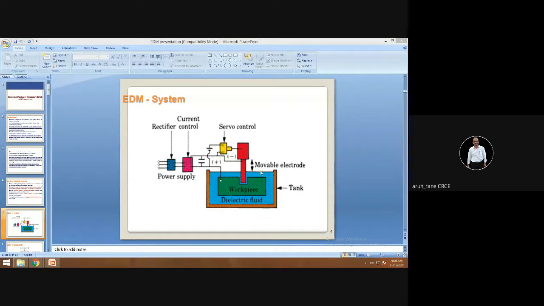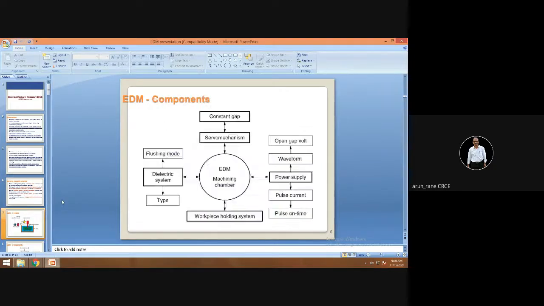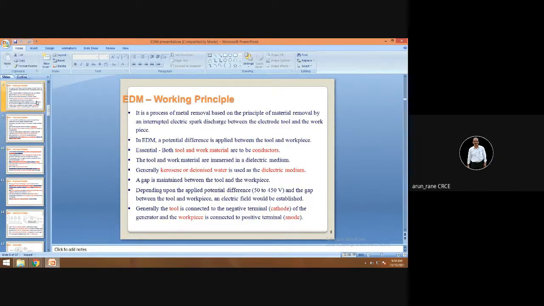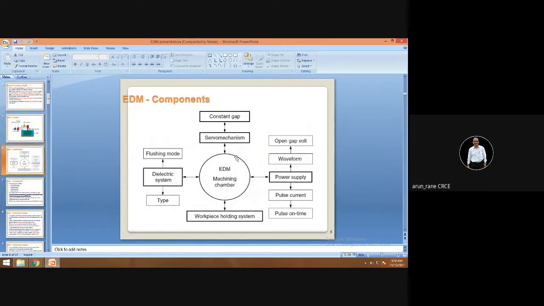So this electrode is moving up and down, and this is the dielectric, which is nothing but an insulator, and a very small gap is maintained, and through that gap the spark jumps. These are the EDM components. You have the machining chamber here. Then there is a servo mechanism which controls the gap between the electrode and the workpiece.